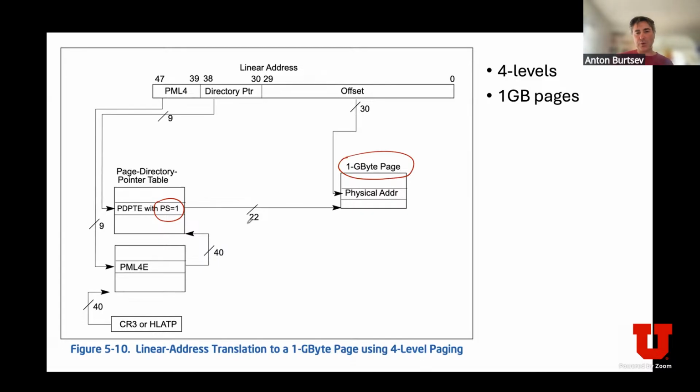Again alignment plays the trick, and you have only 22 bits here, but the offset becomes 30 bits. They don't play this trick at this level yet. Maybe they will in the future, but that gives us pages of 4 kilobytes, 2 megabytes, and 1 gigabyte. And if you check the math, 512 by 512 by 512 by 4 kilobytes, that's how it adds up.